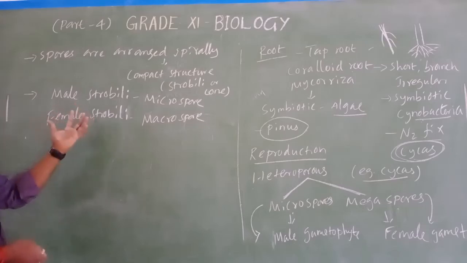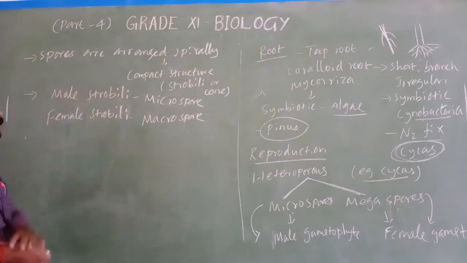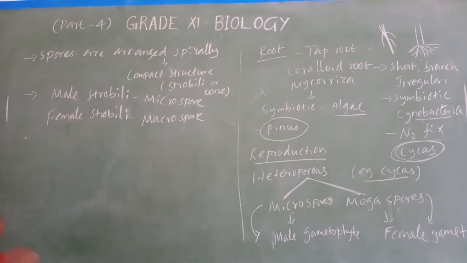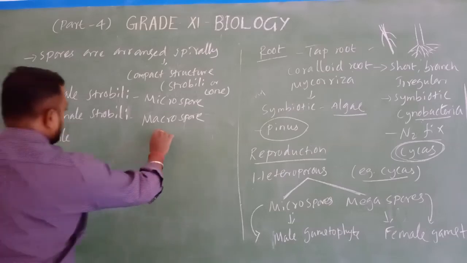Here we have male cone and female cone. Male cone consists of microspores, female cone consists of macrospores. Then next, the male and female.